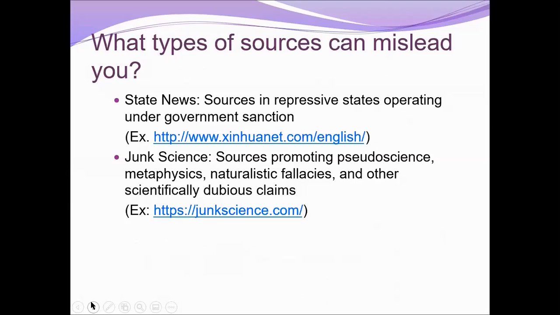And of course, junk science sources are those that promote pseudoscience, metaphysics, naturalistic fallacies, and other scientifically dubious claims. Interestingly enough, the example here is called junkscience.com, but they themselves are debunkers of actual science. In other words, they claim that scientific fact is wrong.